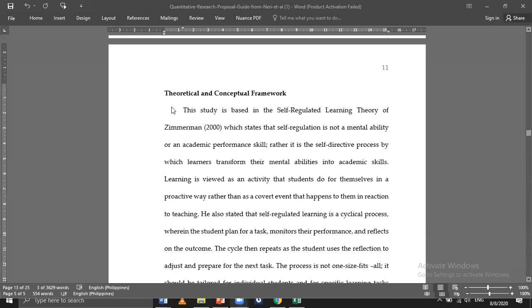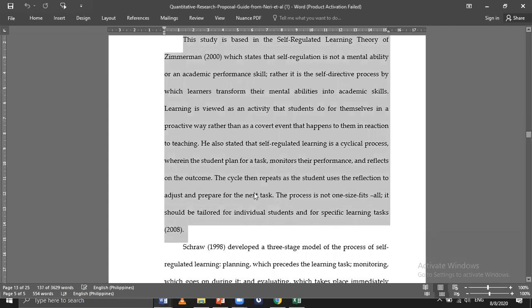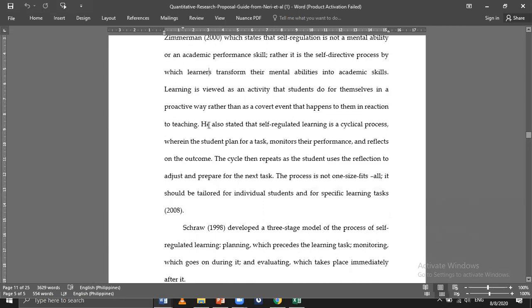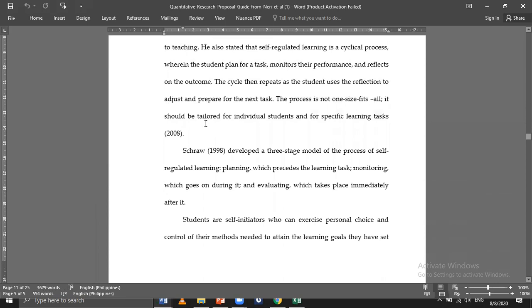Remember, you already have the theory, but it didn't have the indicators that we need to show self-regulated learning. So you need to find a concept that is directly related to your research topic. And let's say you found Schunk, 1998, and he developed a three-stage model of the process of self-regulated learning.